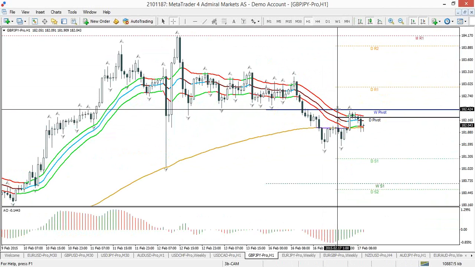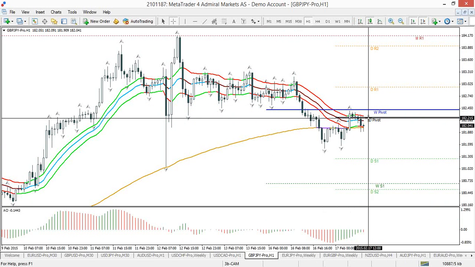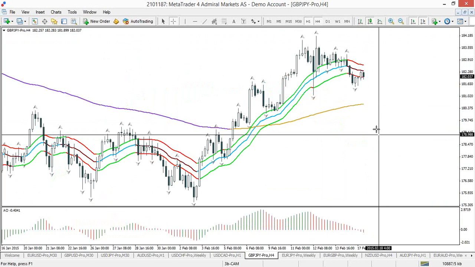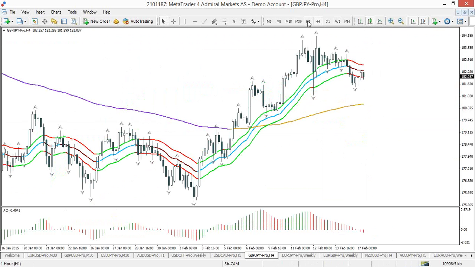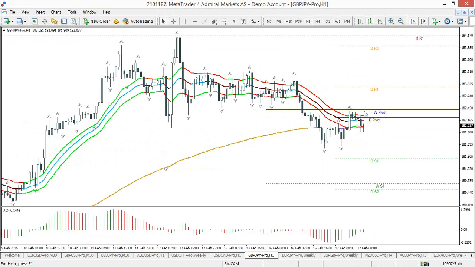The pound yen, of course, will be vulnerable to the pound news event too, but upon the end of the news event, a 1-hour candle close above the weekly pivot point would be a trigger that spells the potential of a breakout here and the continuation of the uptrend.